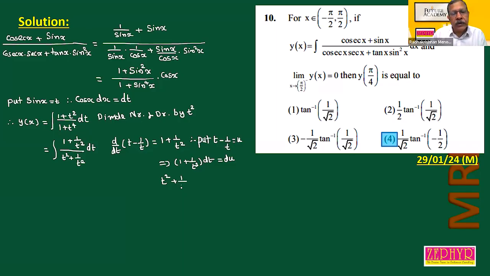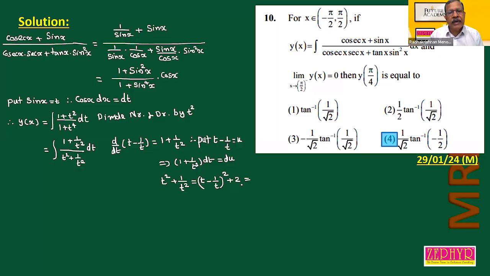The numerator is du. So how can you express the denominator in terms of u? t squared plus 1 by t squared is t minus 1 by t the whole squared plus 2. When you expand it, you get t squared plus 1 by t squared minus 2, plus 2 is cancelled.